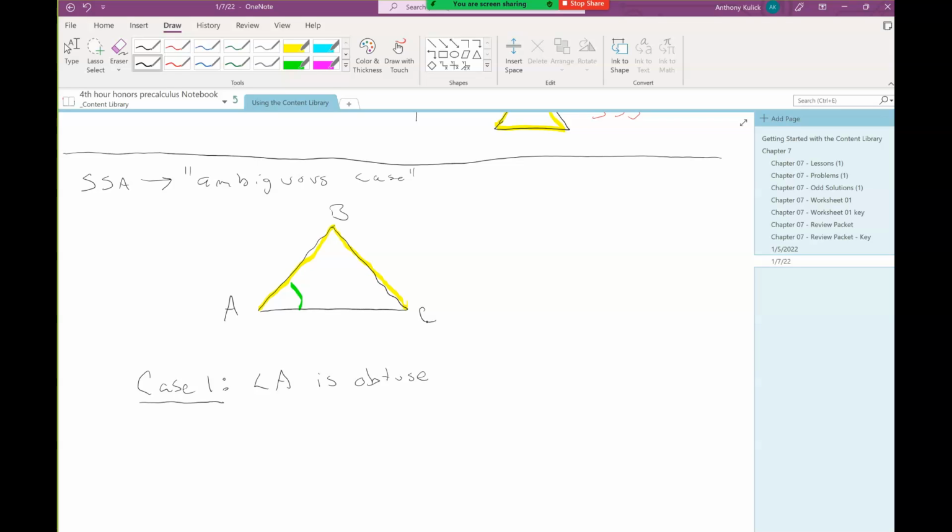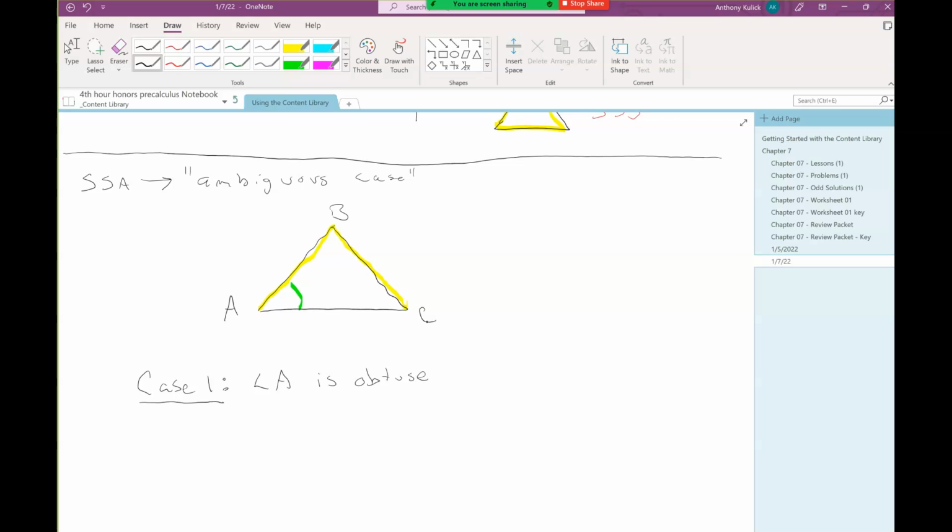It has to be the longest side, right? We know that because there can't be another angle bigger than angle A, because a triangle can't have two obtuse angles. There's only 180 degrees in a triangle. You can't have two of them bigger than 90. So that guarantees us that BC must be the hypotenuse. Yes, sir? So because it's across from A, it's going to be the biggest? Yes. Because the side lengths and angle measures are proportional in a triangle.